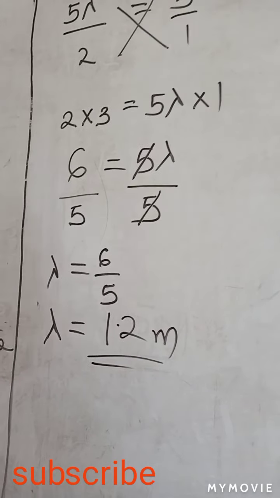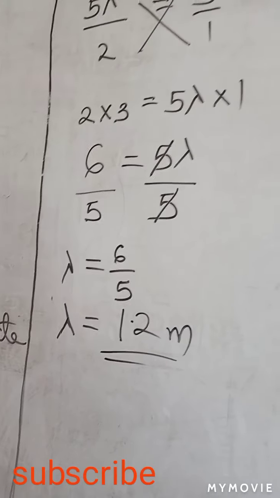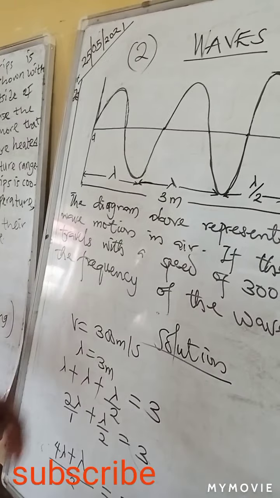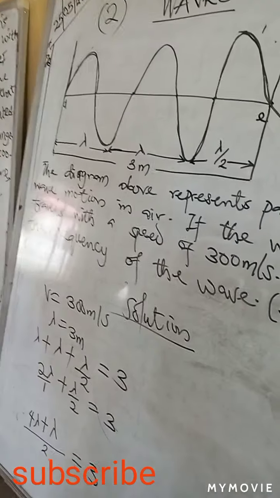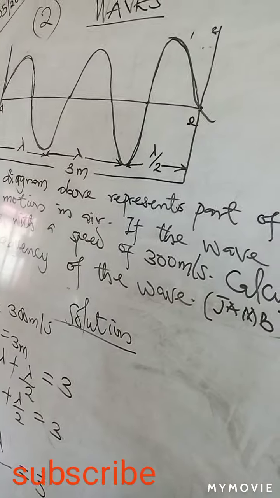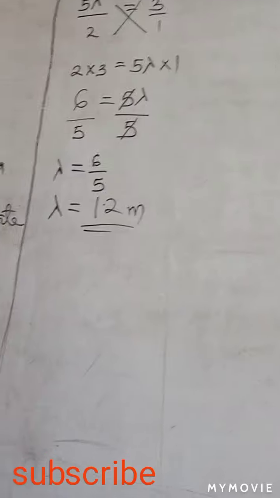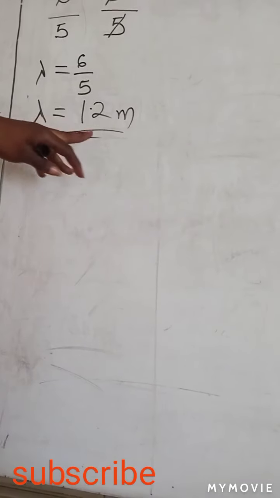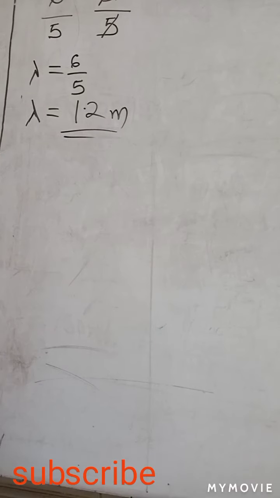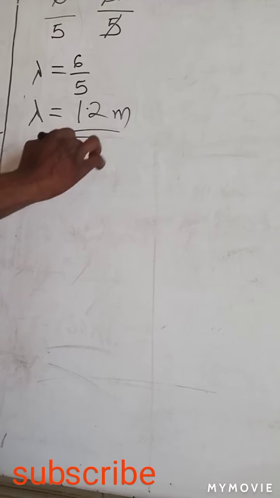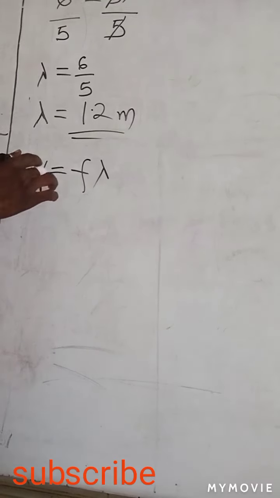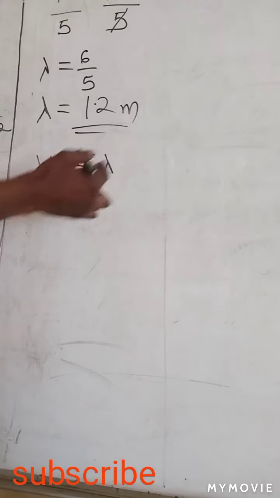We have solved for our wavelength, but we will not stop there, because the real value we have to find is the frequency. Once you get the frequency, in as much as you have been given the velocity, and now we know the value of our wavelength, 1.2, make use of the formula V equals f times wavelength, that is velocity equals frequency times wavelength.